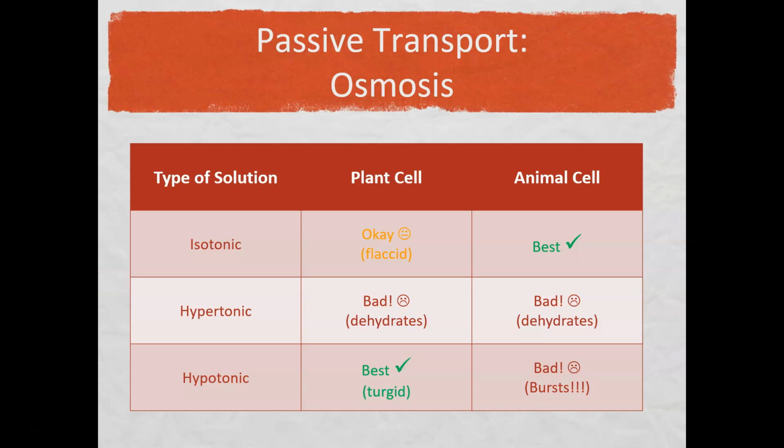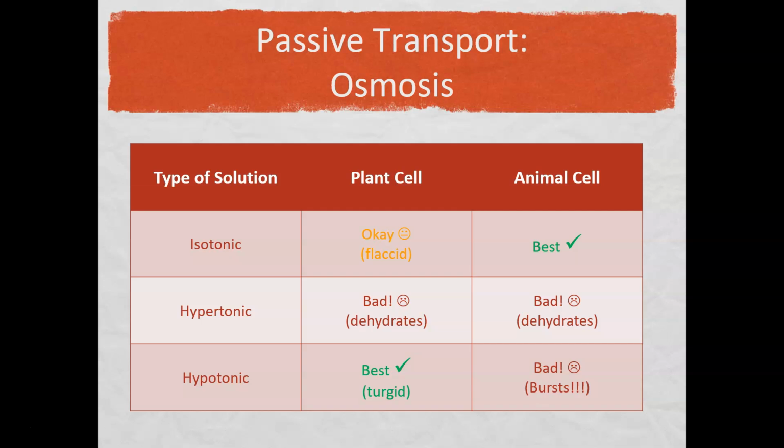They've got enough water to maintain their metabolic functions, so they can do photosynthesis and things like that, but just not enough rigidity for them to be able to stand up nice and tall. Hypertonic, not so good for your plant cells. All right, it's going to pull water out of their cells, cause their cells to shrink and shrivel up. They're dehydrating, and so that's not good for them.